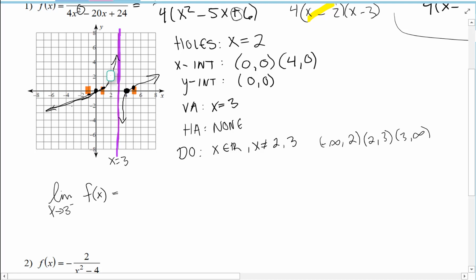As we approach from the left, we're getting higher and higher and higher. We're going towards infinity. The limit as x approaches 3 from the right, as we come from the right toward 3, we get lower and lower and lower. That is going to approach negative infinity.